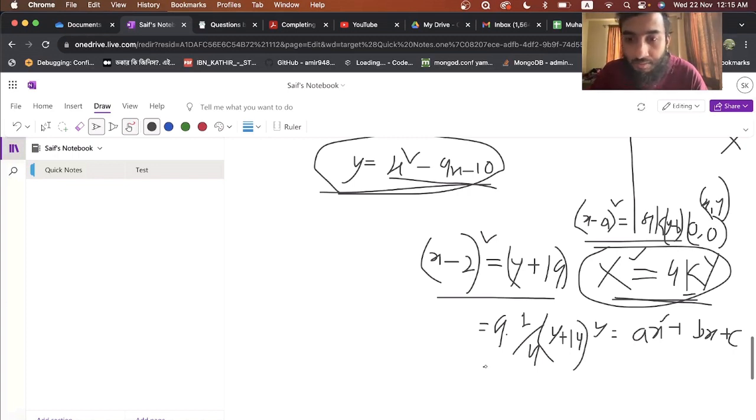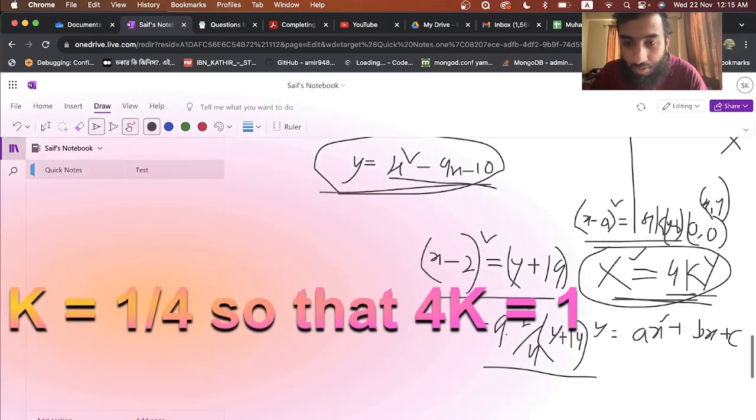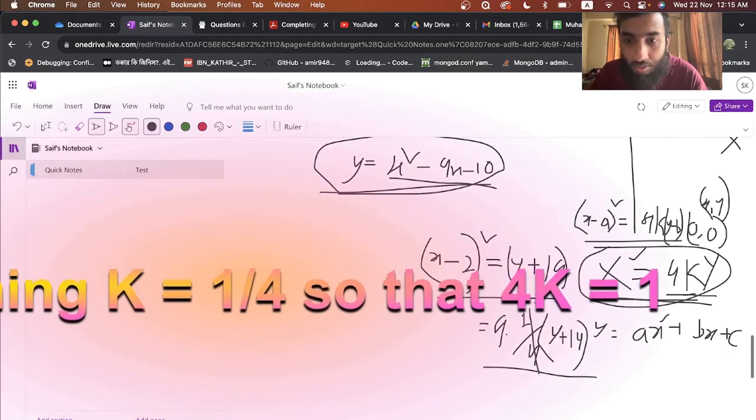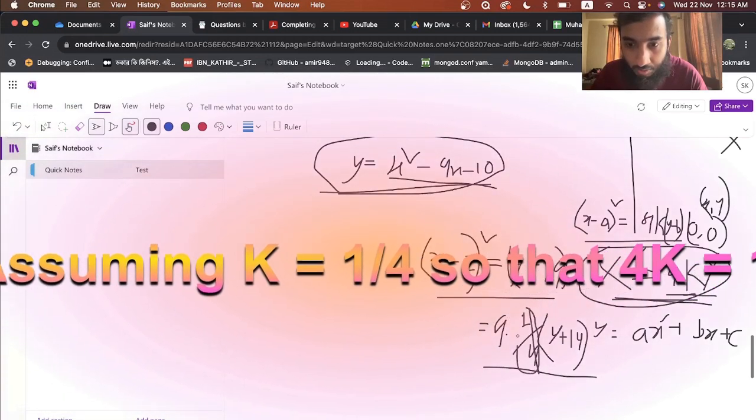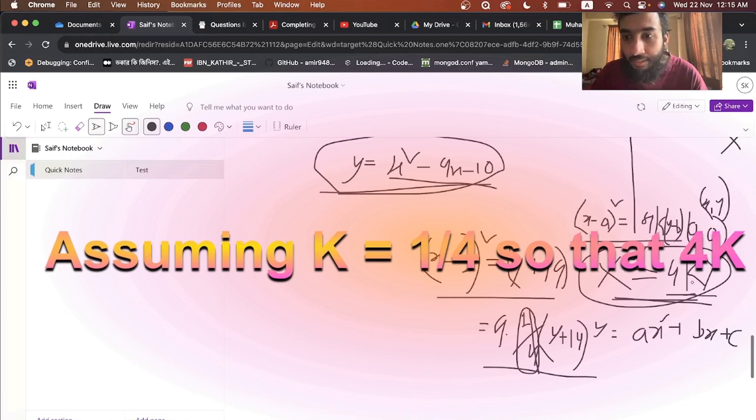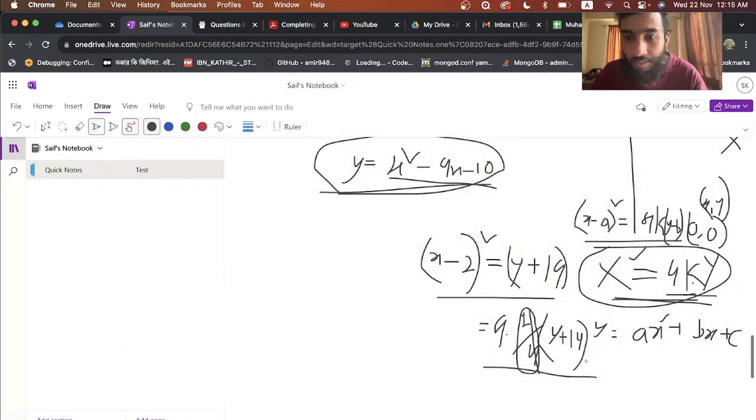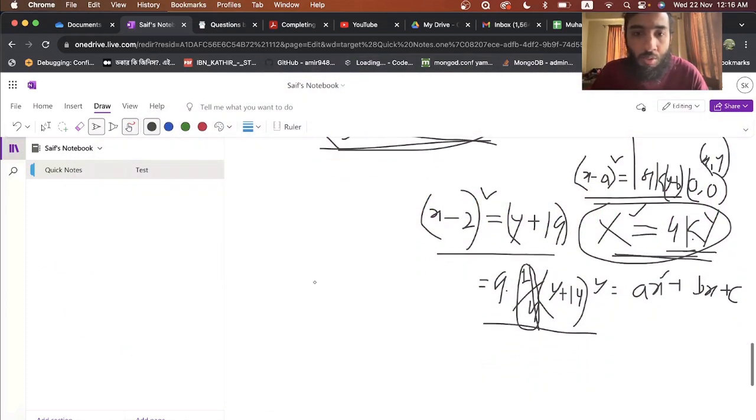As you can see, this represents the form 4ky, where k is the constant 1 by 4, this portion is 4k, and y represents y plus 14. So what should be the coordinates if I use this form?